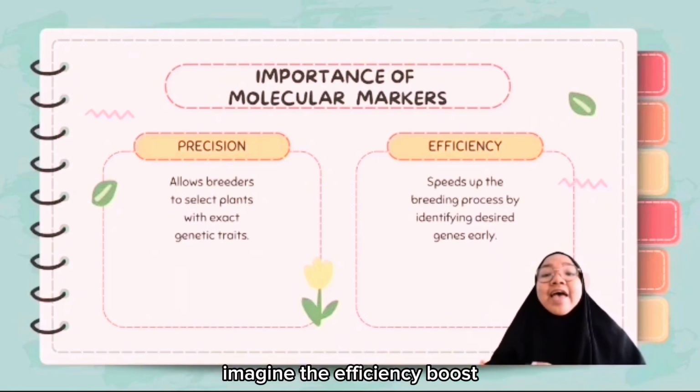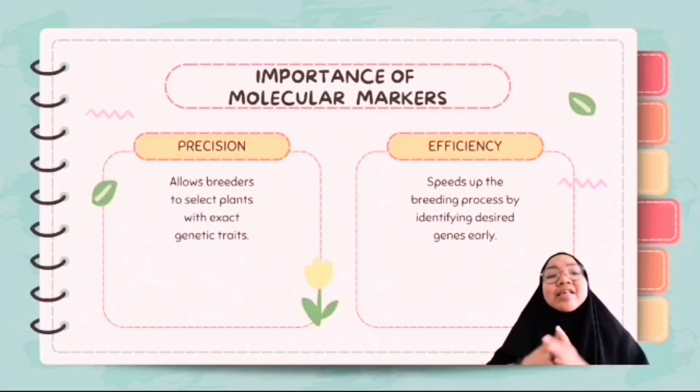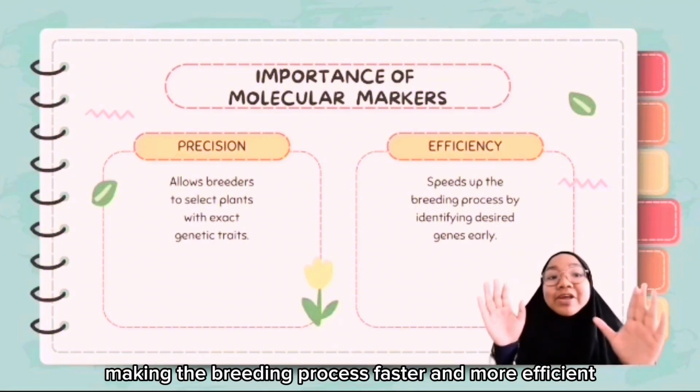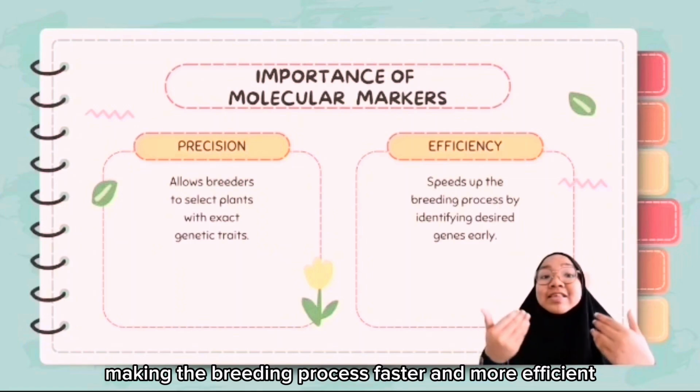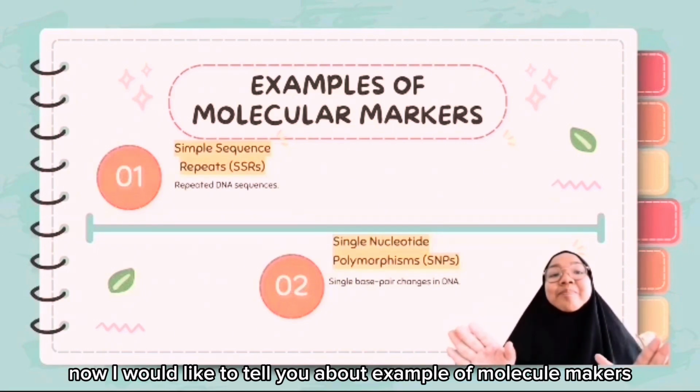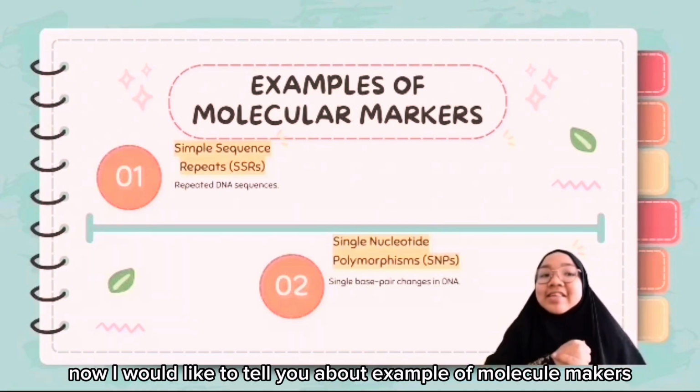Imagine the efficiency boost as we can now identify desired genes early on, making the breeding process faster and more efficient. Now, I would like to tell you about examples of molecular markers.